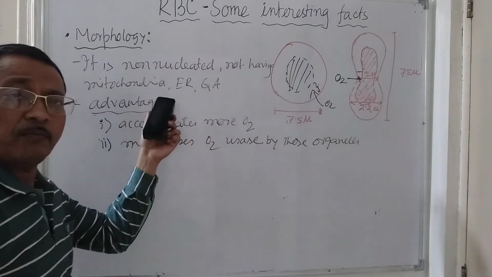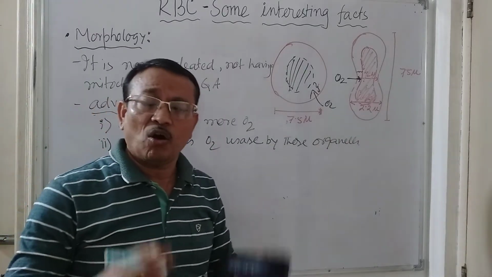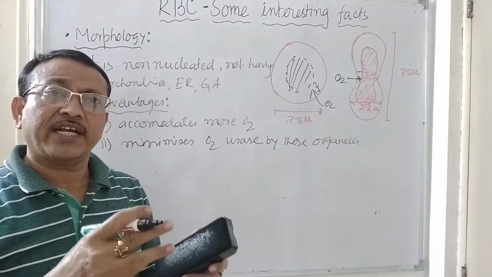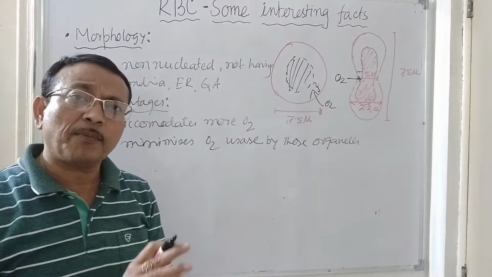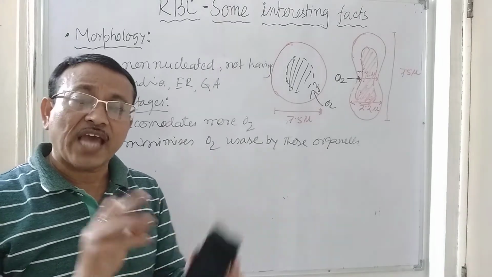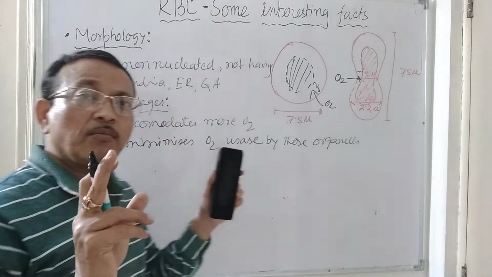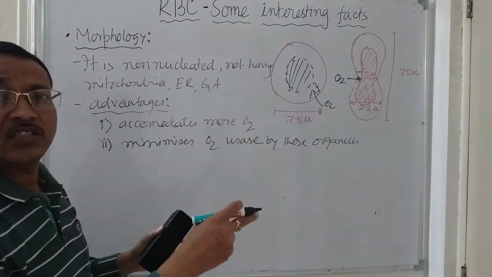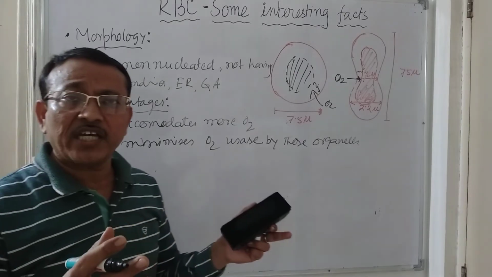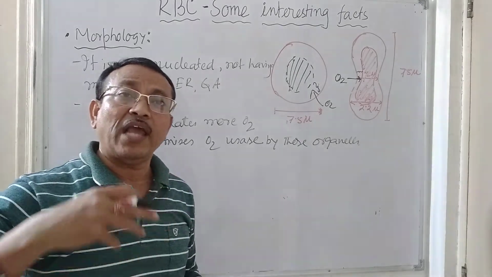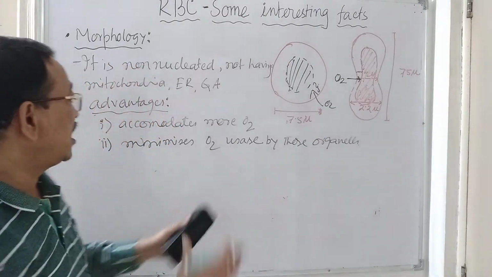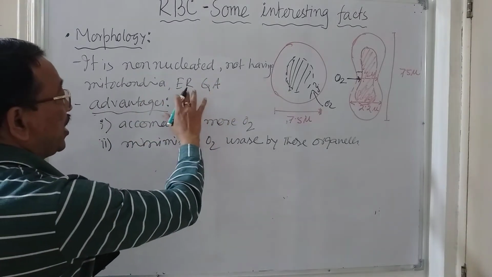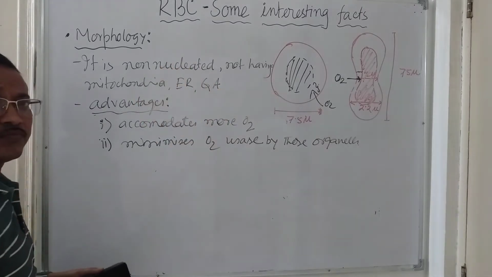If these are present within the cell, obviously they will use some oxygen, and thereby whatever oxygen gets bound with the hemoglobin will be used up to a certain extent. So that can also be prevented. So it minimizes the oxygen use by these organelles, and thereby more oxygen will be available to the tissues. So these are the advantages of being non-nucleated and not having mitochondria, endoplasmic reticulum and the Golgi apparatus.